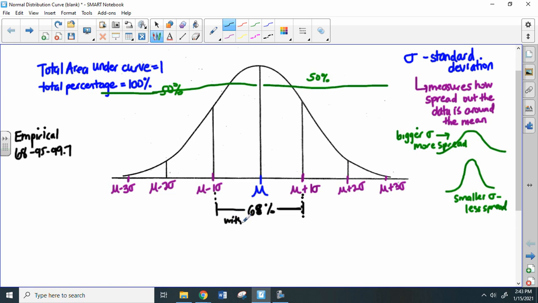So that means these two boxes here total 68%, right? But everything in this curve is symmetric. So if I cut that in half, then I can easily find that there's 34% in this section and 34% in this section.